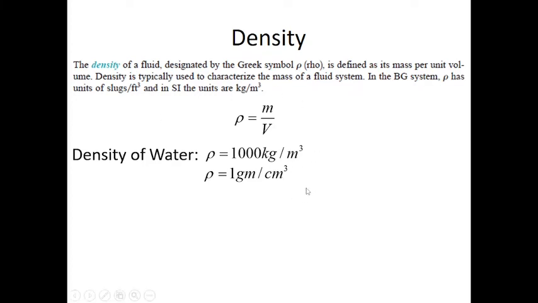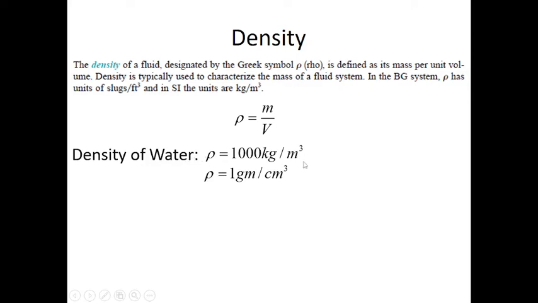Ibig sabihin niyan, merong 1,000 kilo sa bawat 1 cubic meter na tubig. So, ibig sabihin niyan, pag sinabi natin 1 cubic meter, that is about 1,000 liters. 1,000 litrong tubig katumbas ay 1,000 kilo.